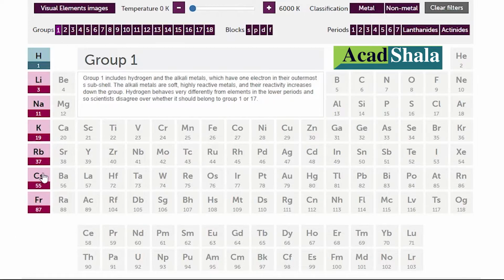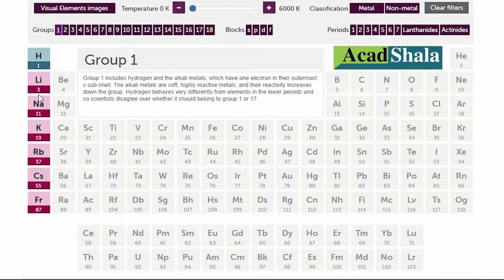Let us check. If I see group number 1, I have these elements as you are seeing on the screen. We also know the atomic numbers because we know how to place the elements in the modern periodic table.